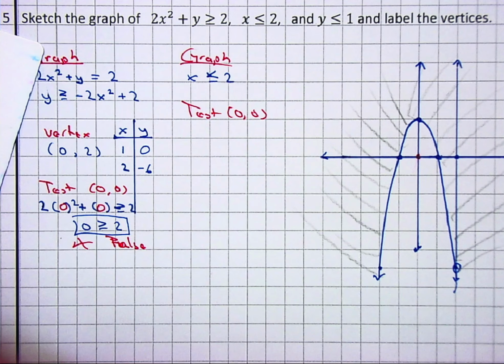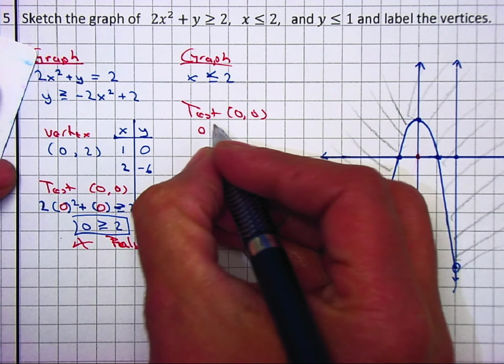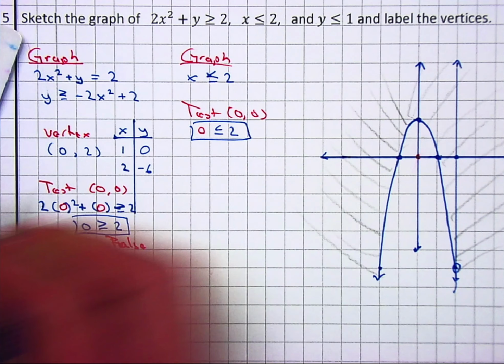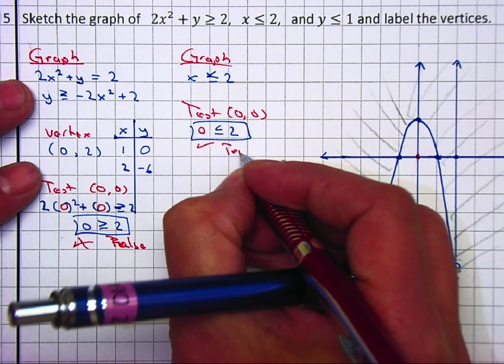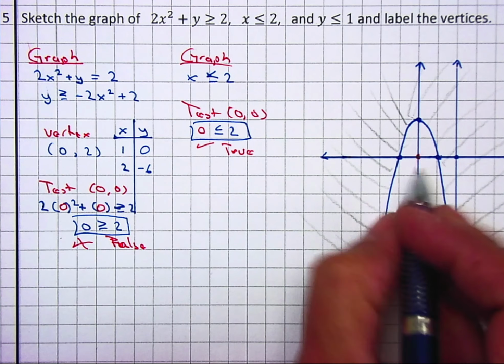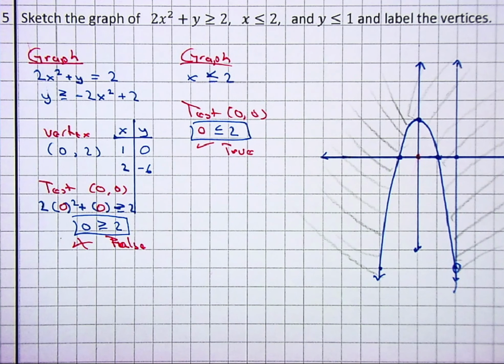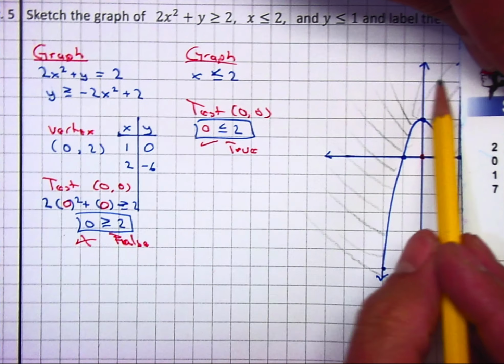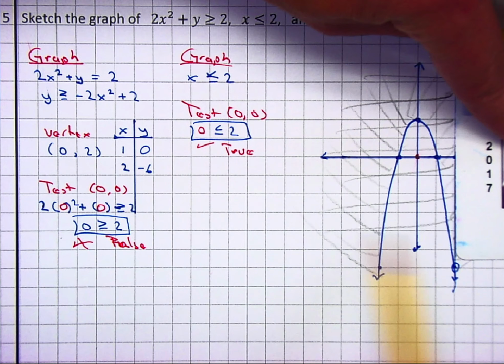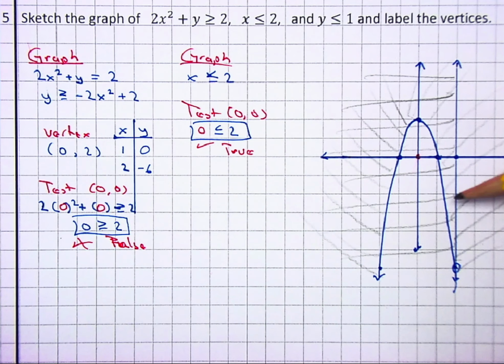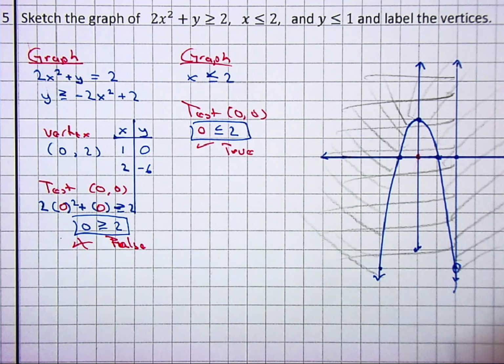So it'll be 0 is less than or equal to 2. That one is true. So therefore (0, 0) is a solution, so I must shade all the points towards the left. Now you can see this will be part of the intersection.